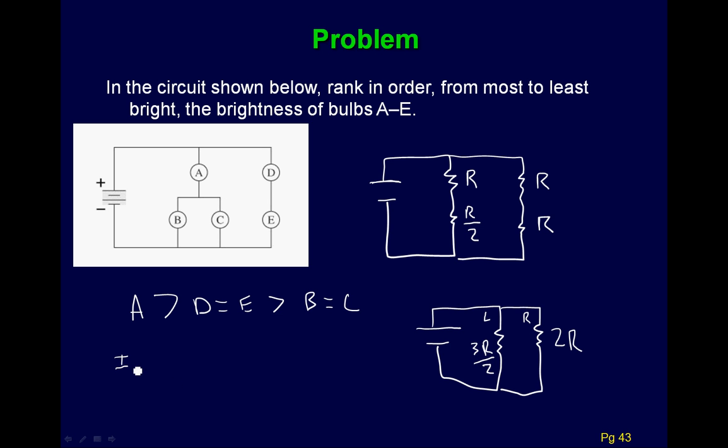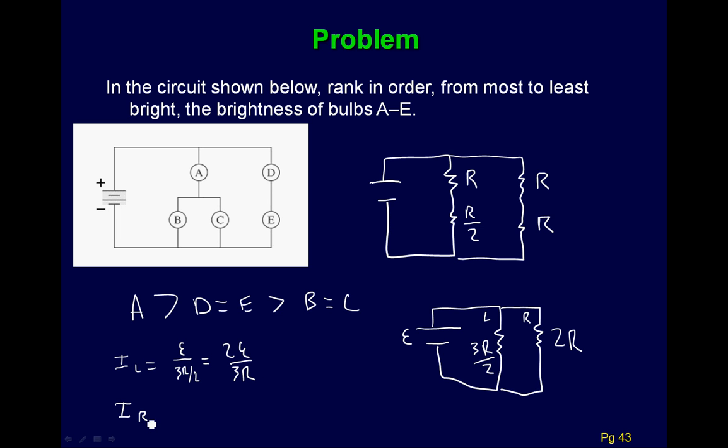The current that enters the left branch is the same as last time. We know they both have a voltage drop of epsilon because they're both in parallel with the battery. So the left branch would be epsilon divided by 3R over 2, which gives us 2 epsilon over 3R for the current.